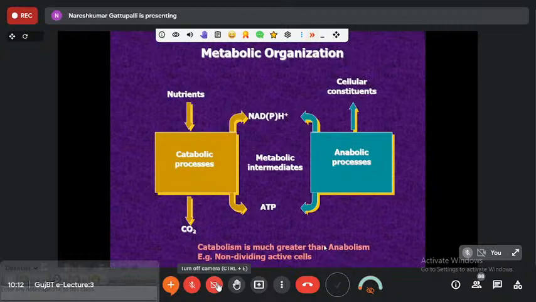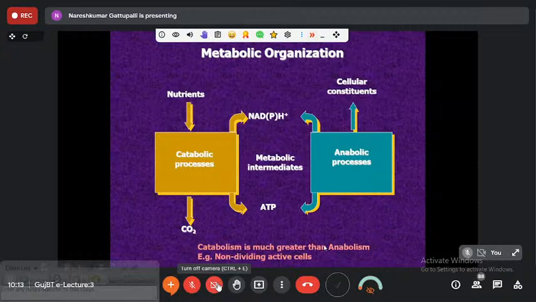What we need to know is that metabolism is more governed by catabolic processes than anabolic processes. Generally, it depends on the context, more than 50%, sometimes even 90% of the metabolism is only geared for energy purposes.